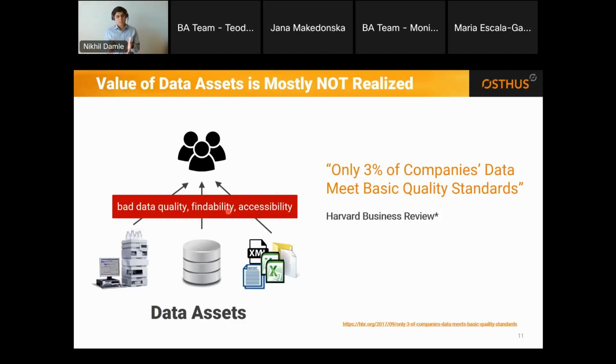And this happens because of poorly defined data governance infrastructure. So all in all, the data consumers do not get to use or do not realize the value of their data assets. And this is really a challenge. And this is why we need to make data FAIR so that it can be used effectively.